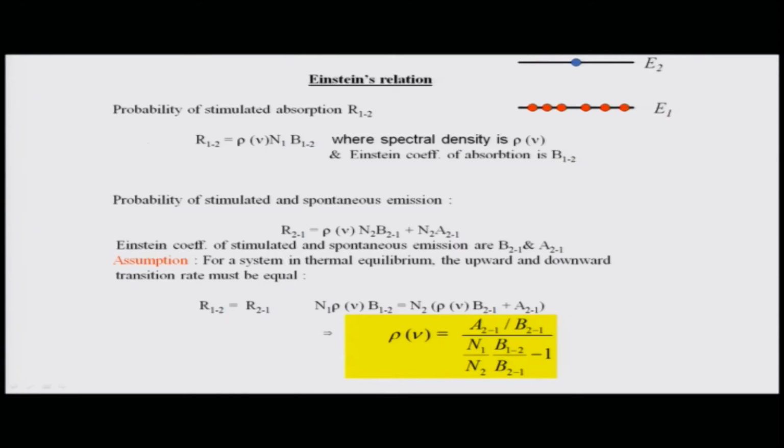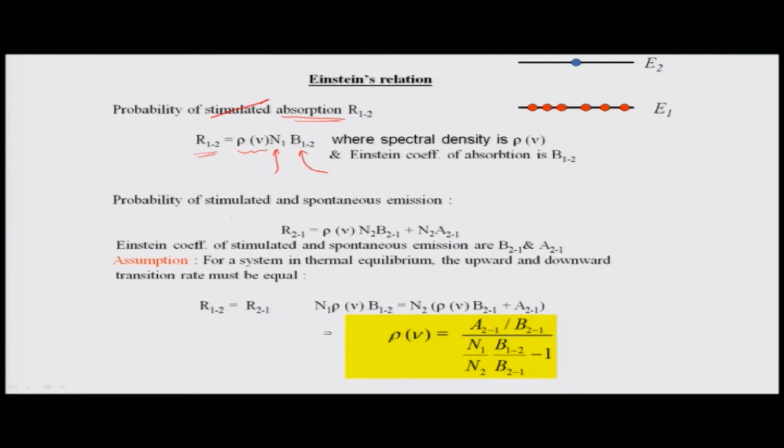For example, the probability of absorption, which is not really stimulated absorption but essentially absorption, is given by the number of lower energy states with the Einstein coefficient B12, and it can be related to the rate through the spectral density, and that is roughly the expression.